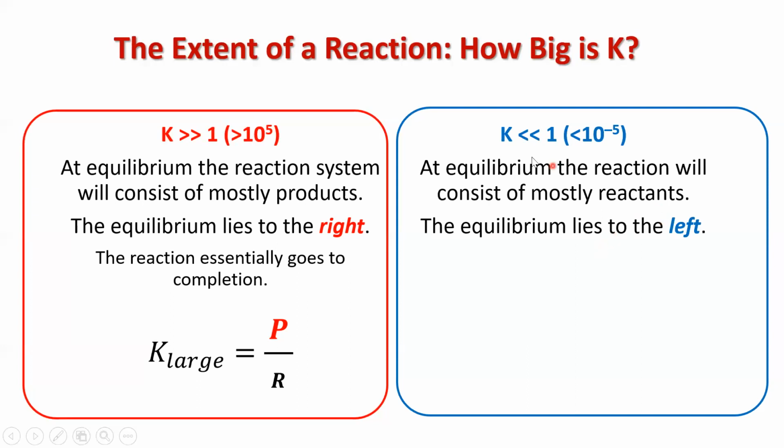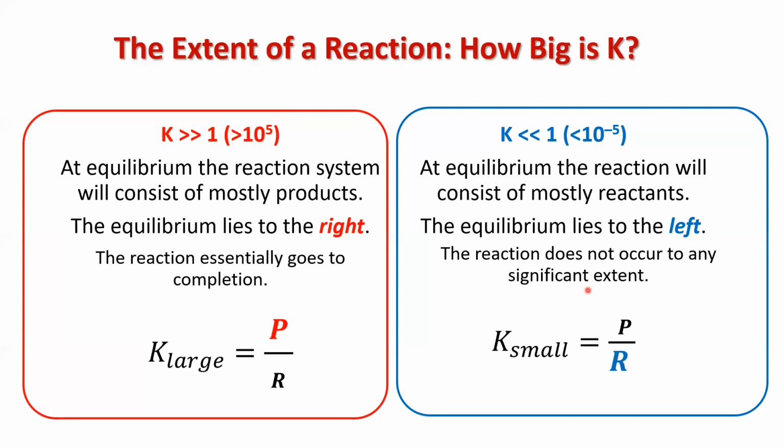And we would say in this case that the equilibrium lies to the left, or lies on the reactant side. Or the reaction really doesn't occur to a very significant extent at all. We don't produce much product at all. So when K is a small value, it means we have very little product at equilibrium, and we have mostly reactants at equilibrium.